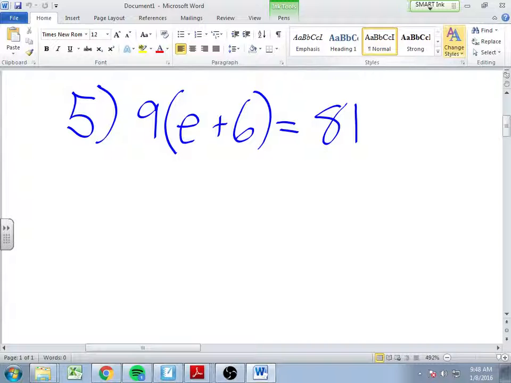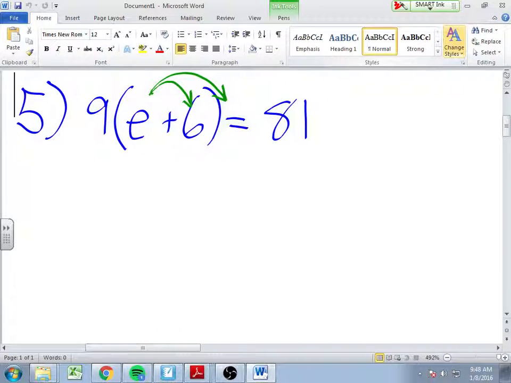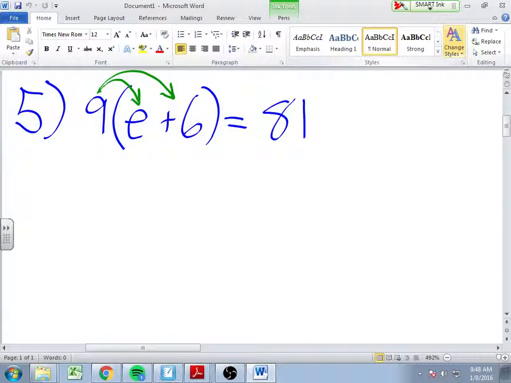Instead of distributing, which is what we are going to do first, you could, if you wanted, what operation is happening between 9 and the parentheses? Multiplication.